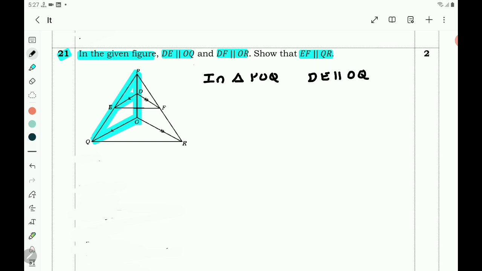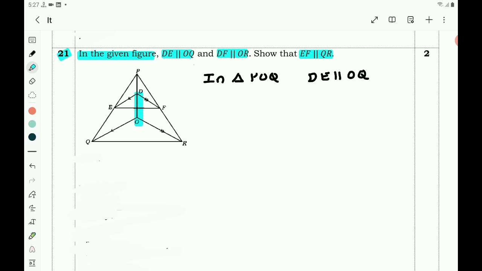So according to the Thales theorem, what you can write here? PD by DO equals PE by EQ.